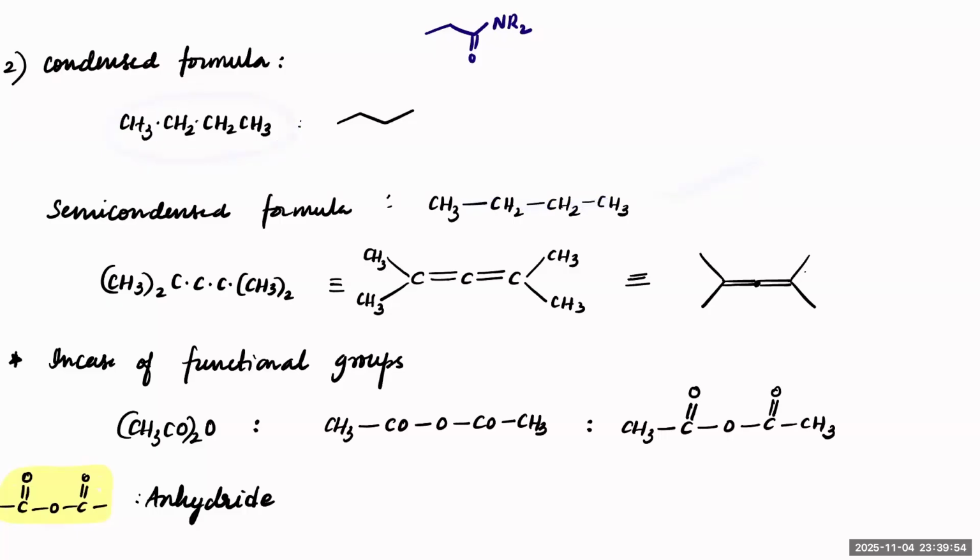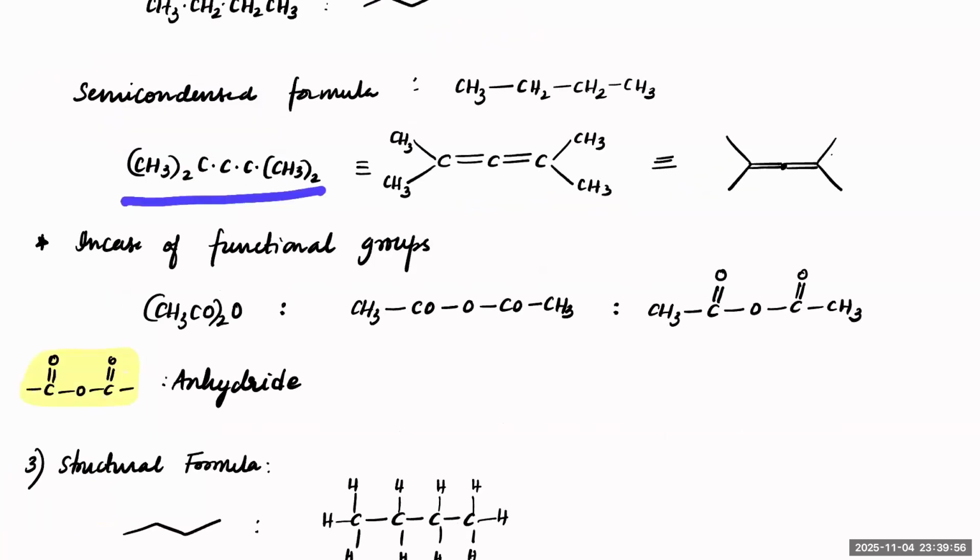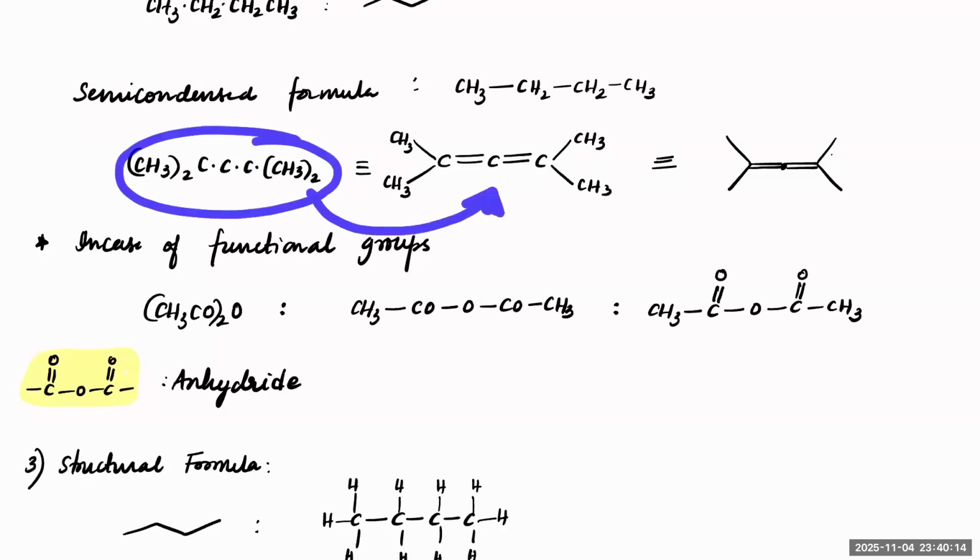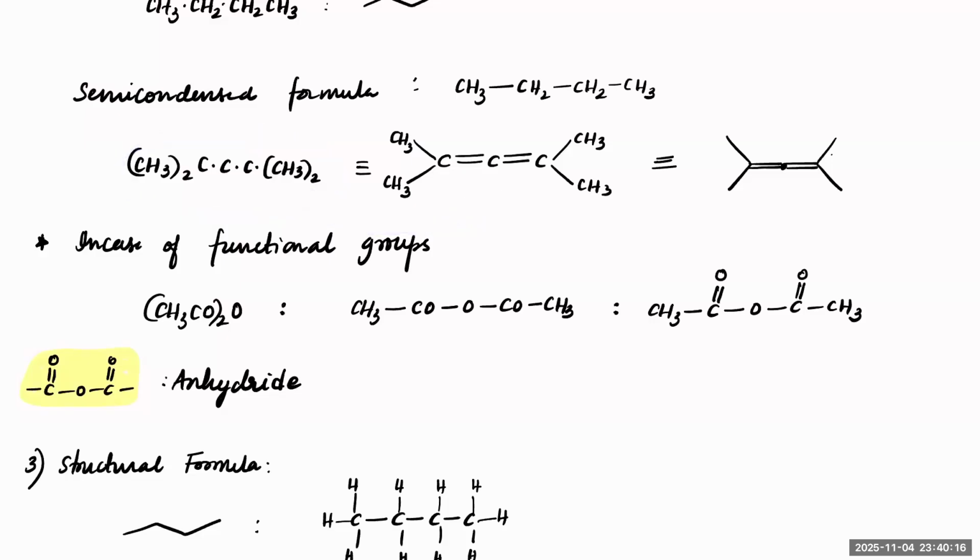Next, this one, if you notice CH3 here connected to this carbon, then there is a double bond between these two, then there is a double bond between these two, then a carbon, and that has two CH3 groups. So this is how you can write it down. So this is a condensed form, and we are showing how the bond line form will look like. First, these are with carbons.